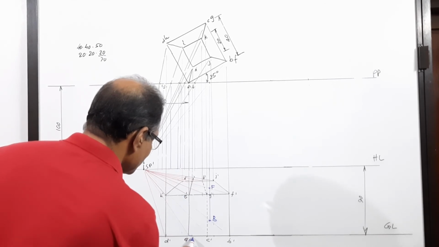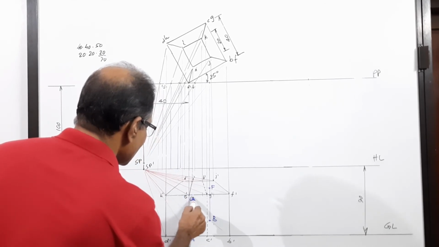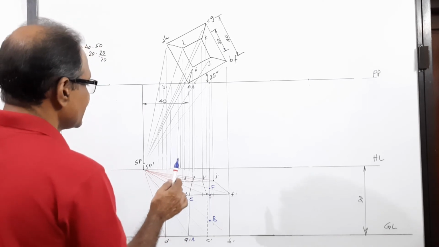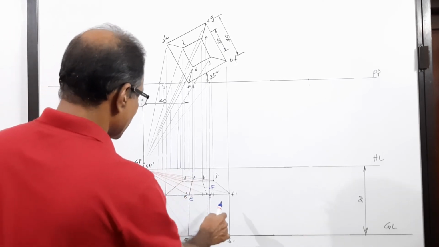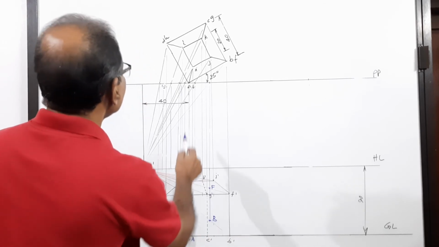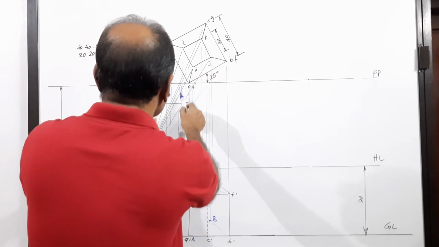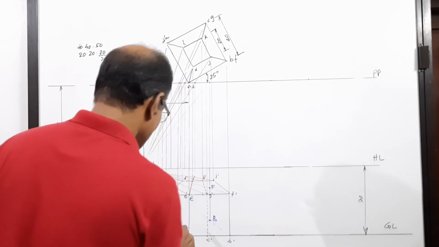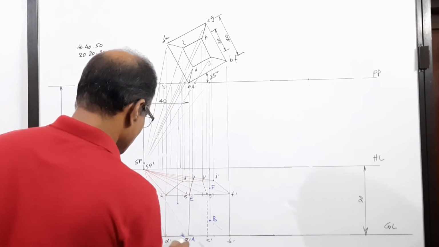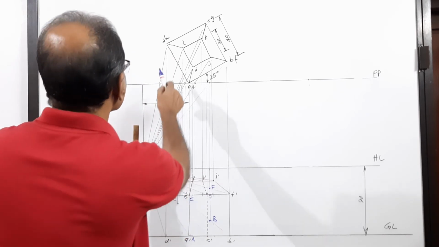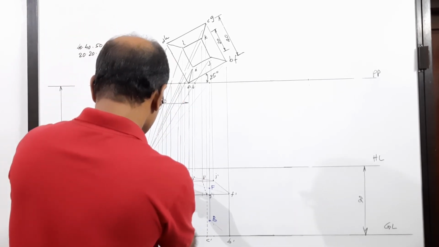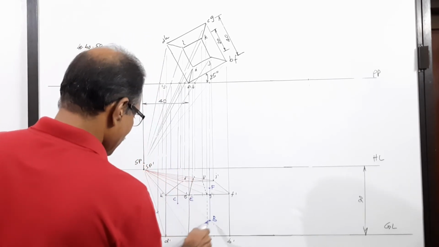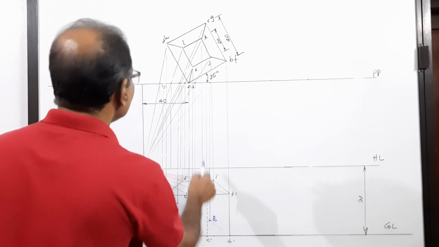This is A, this is E. Then C, and D. A, B, C, D, E, F, G.